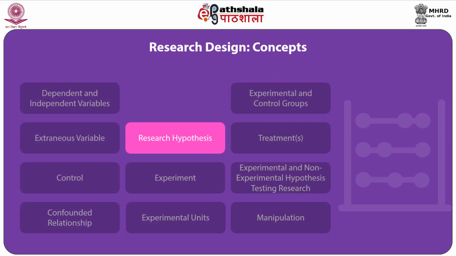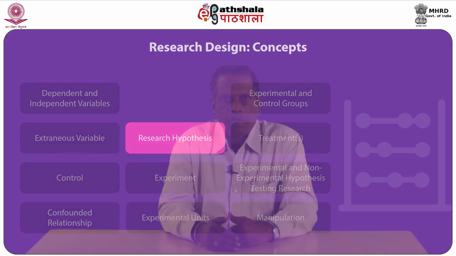A research hypothesis is the prediction or hypothetical relationship between one independent and one dependent variable that needs to be tested by scientific methods. Thus, it is a predictive statement connecting two variables, that is, one independent and one dependent. For example, the higher the level of education of a woman, the lower would be the level of fertility, that is, the number of live births.